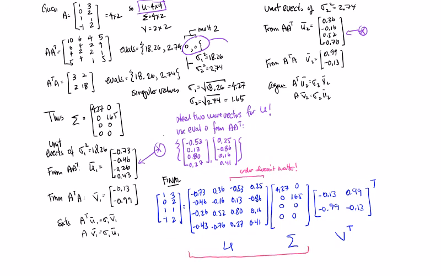When you multiply these two together and you do row times column, the zeros here mean that these values don't actually matter. It really doesn't matter what you stick in there, as long as you have two vectors which are unit vectors and which are perpendicular to each other and to everything else. So taking them from the eigenvalues and the eigenvectors is just a handy way to pick it. But in reality, you could stick anything you want in there and the product would still work. It wouldn't technically be an SVD, but the product would still work out.